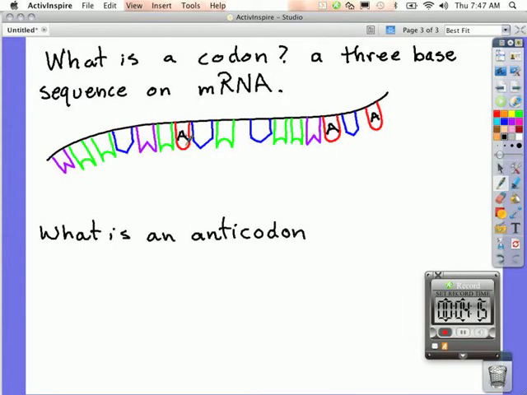Remember, we're making RNA. So I'm going to put a U for uracil. U, and U. And if I do that, then what are the blue ones? The blue ones are cytosine. If the blue ones are cytosine, what are the purple ones? Guanine. You get it?